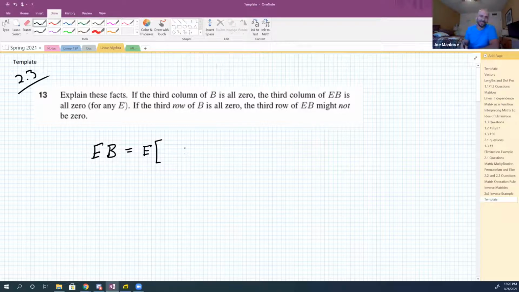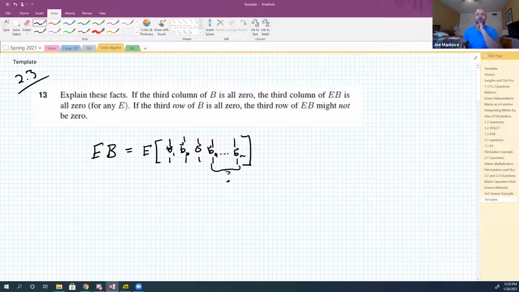So it's B1 for the first column, B2 for the second column, and this one is easy because I know that one's the zero vector. And then B4, maybe, and on out to Bn. These ones may or may not exist.